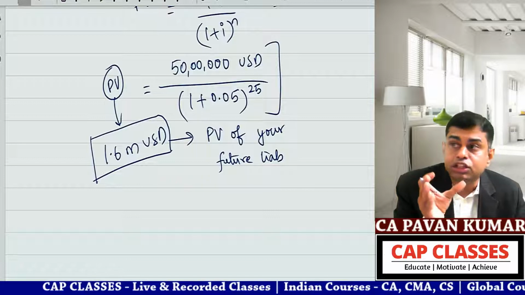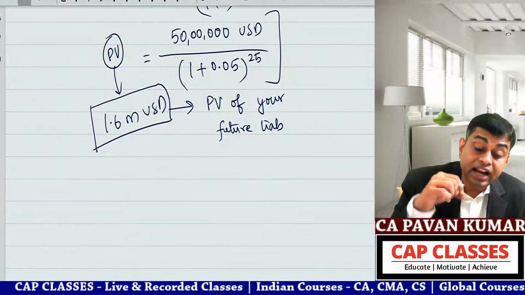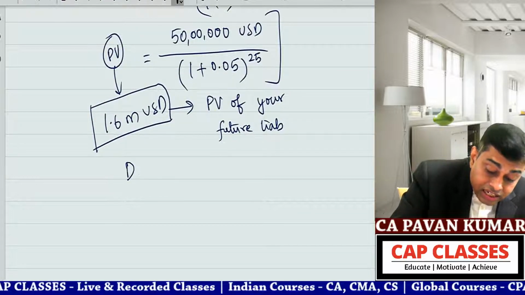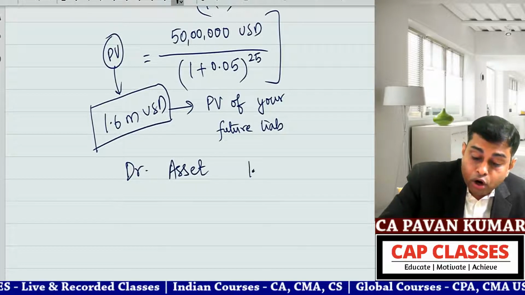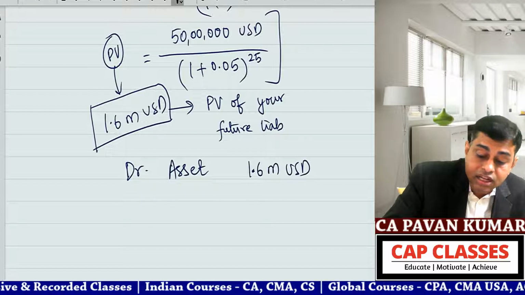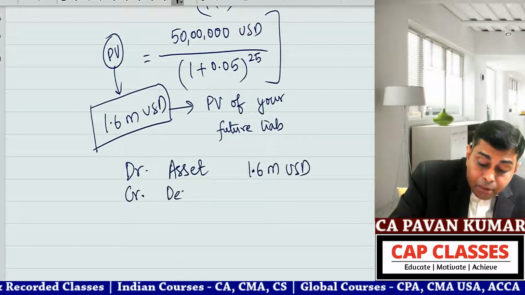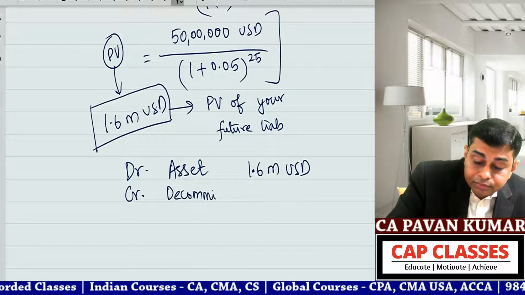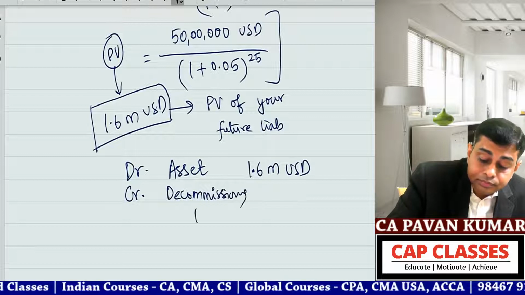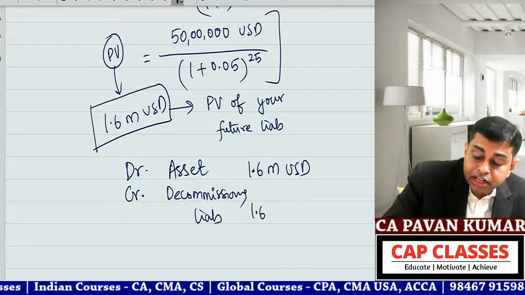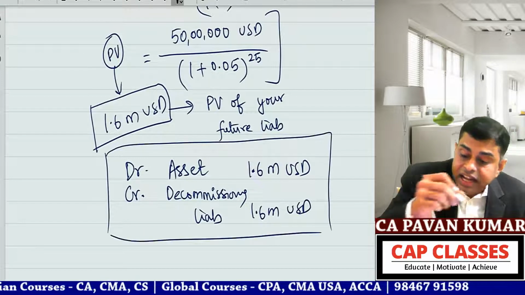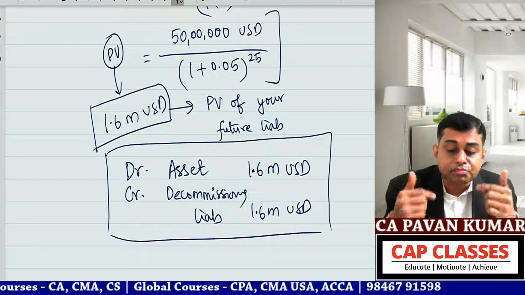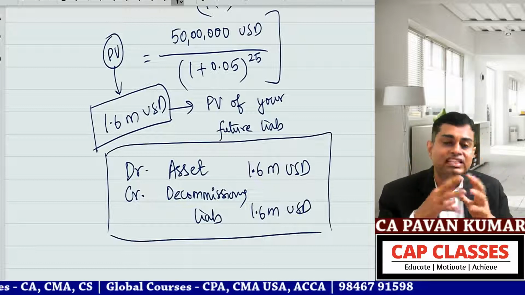So that provision should increase the value of asset. You will write the journal entry like this: debit asset account $1.6 million. Credit decommissioning liability $1.6 million. This is what they have theoretically written in the sentence I have explained you with a numerical example.